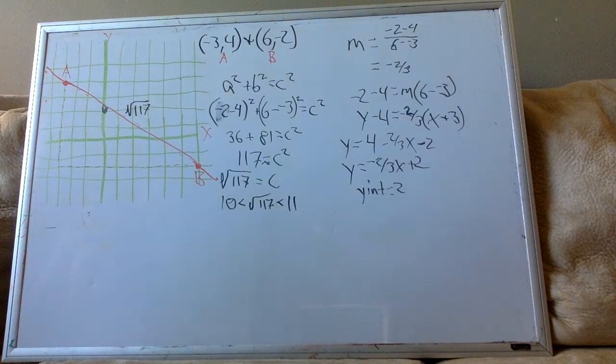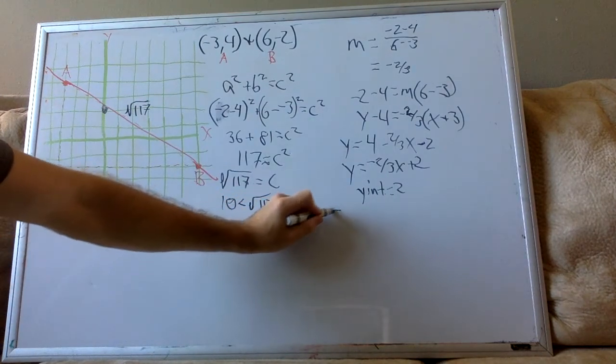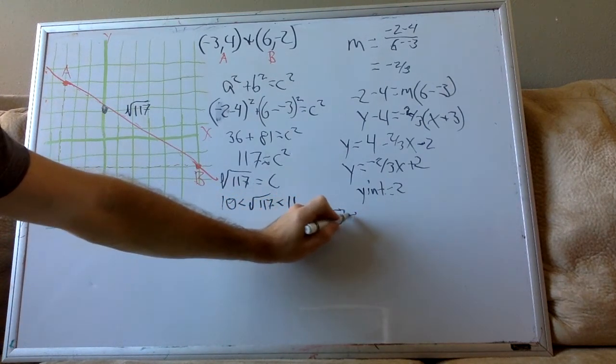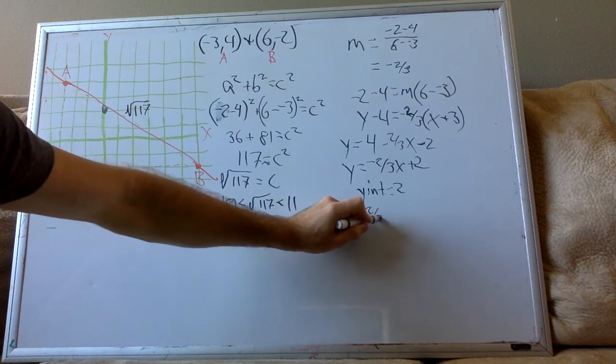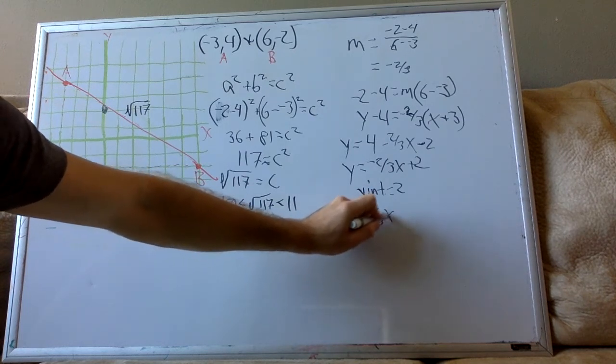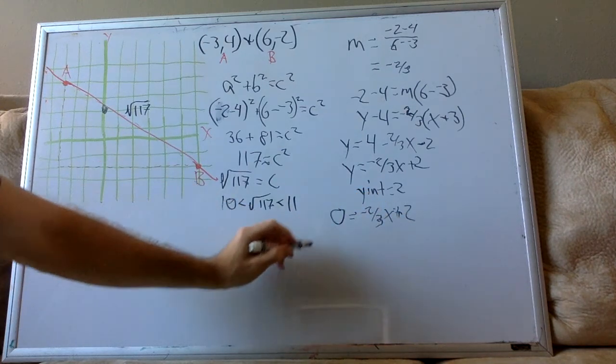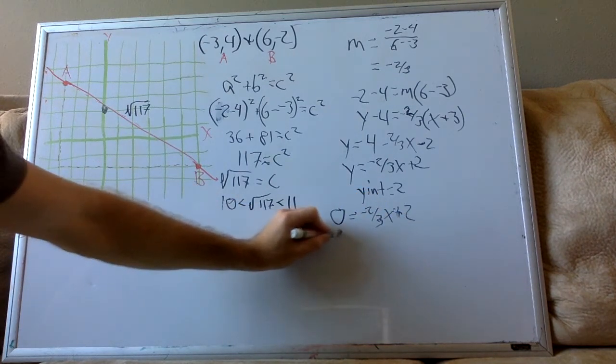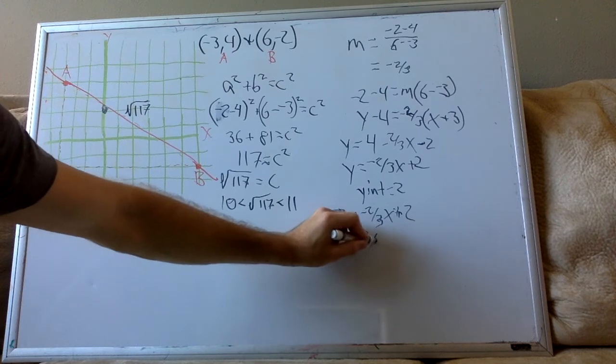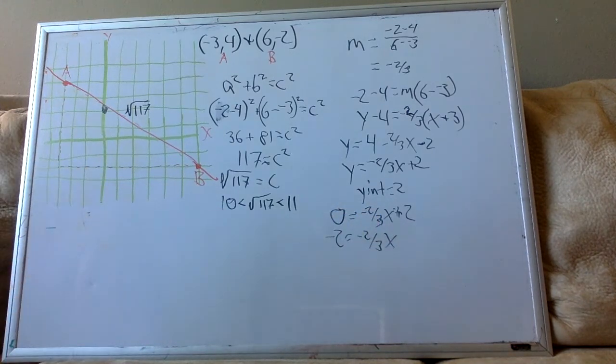All right. Now the x-intercept in the same way is where the y value is equal to 0. So if I put y equal to 0 and I have negative 2/3 x plus 2, I can subtract 2 on both sides. And now I'm going to multiply by the reciprocal on both sides.